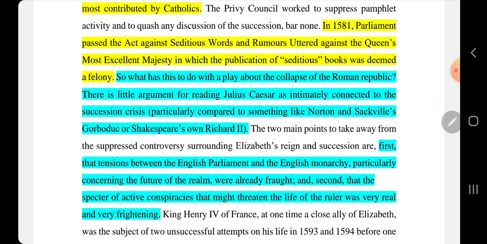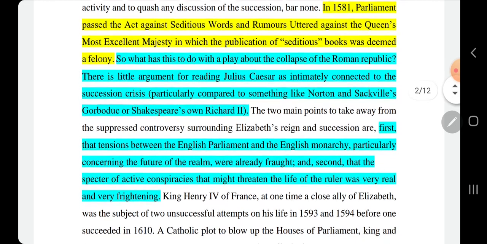So the answer to the question here is that there is little argument for reading Julius Caesar as intimately connected to the succession crisis, particularly compared to something like Shakespeare's own Richard II.